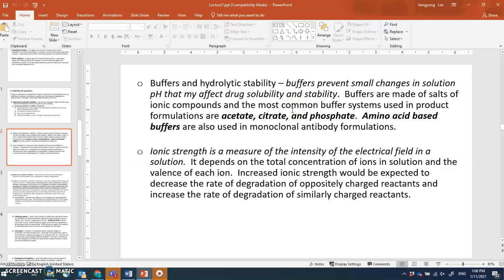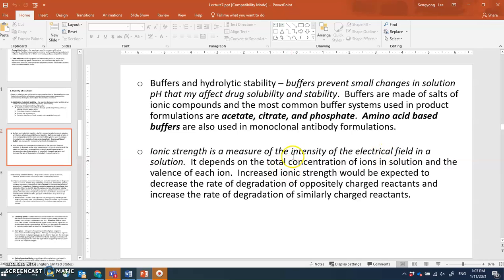Buffers are made out of salts and some ionic compounds. Good, well-known buffers are acetate, citrate, phosphate, or amino acids can be used as buffers as well, maybe in monoclonal antibody formulation. The ionic strength is another important thing because it protects the drug by forming a good electric field within the solution.